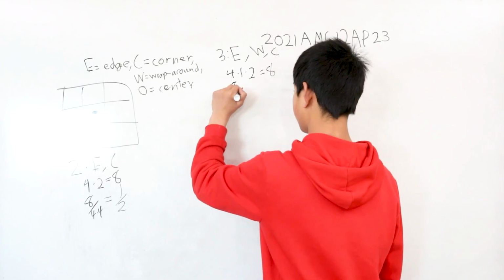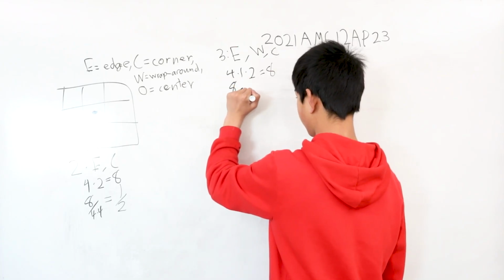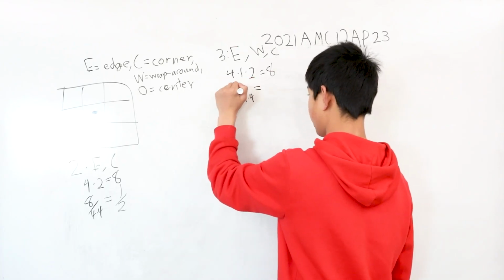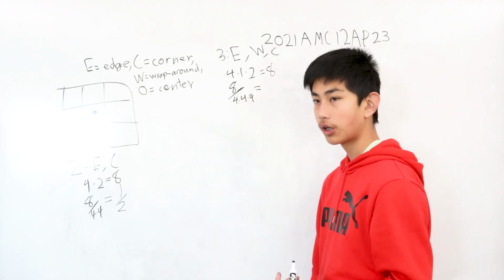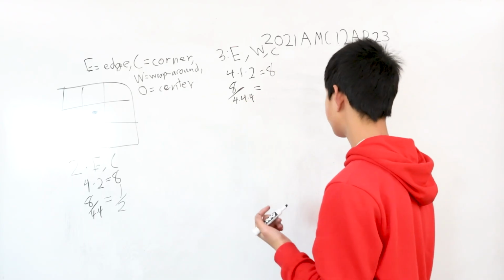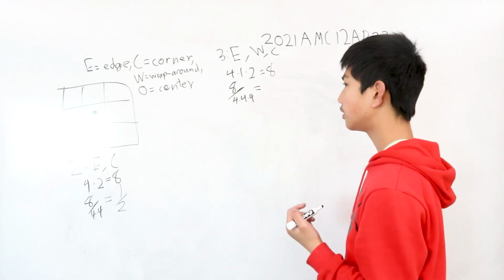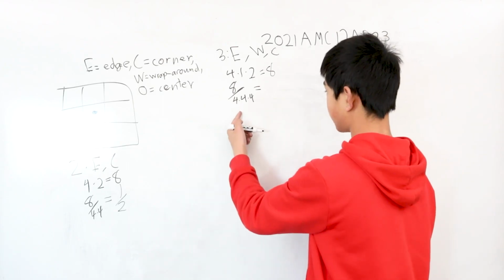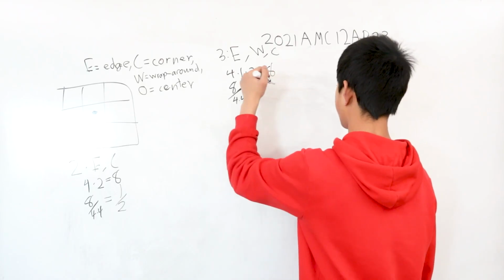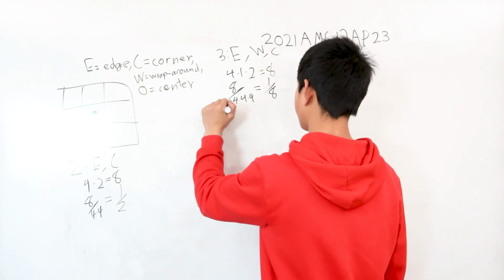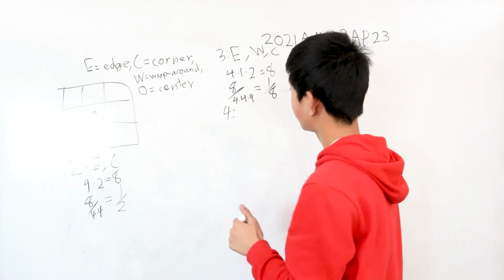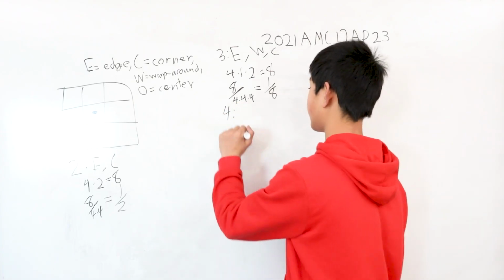This is 8 divided by 4 times 4 times 4, which is 16 times 4, 64. So this is 1/8.